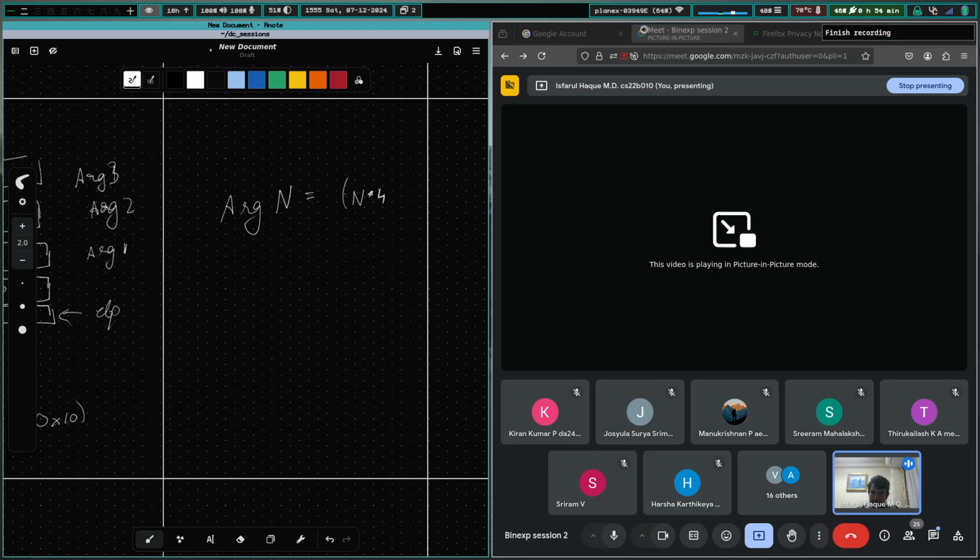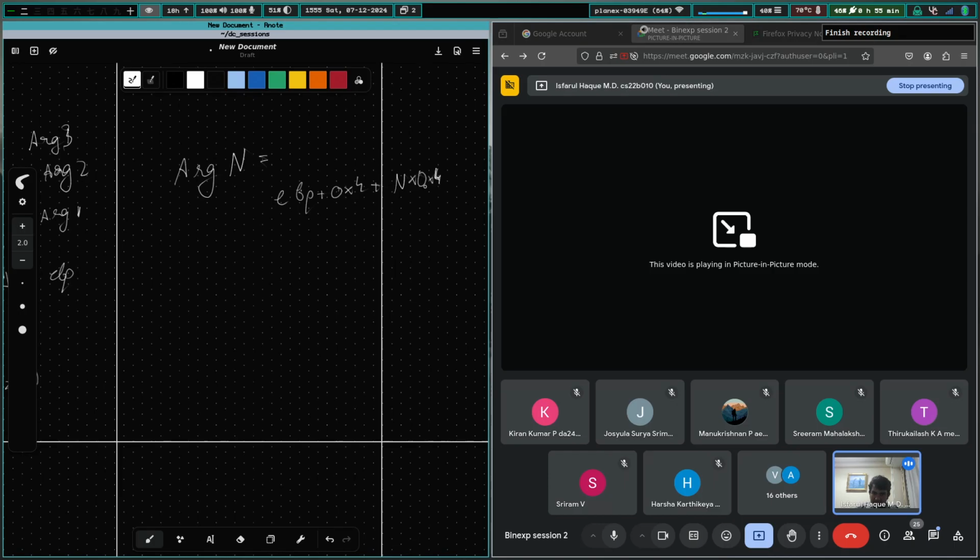Now you can't do this computation in the bracket itself, but yeah, EBP plus 0x4 plus n into 0x4. I'll use star here: n star 0x4. So this is why arguments are pushed in the reverse order.